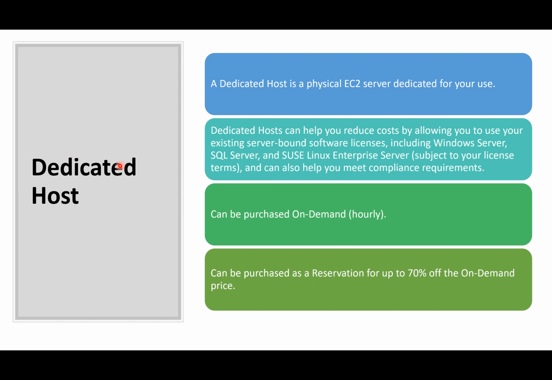AWS will assign you dedicated hardware, and no one else is going to share it. Only you will use it. Why? Some customers might have compliance requirements, like they think it's critical data, a government thing or whatever, so for security or compliance reasons, you cannot share that hardware with someone else.